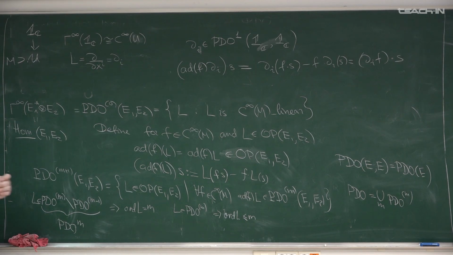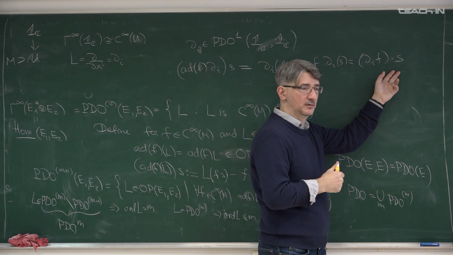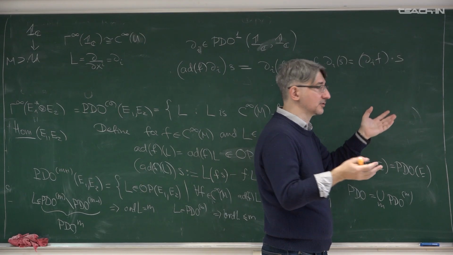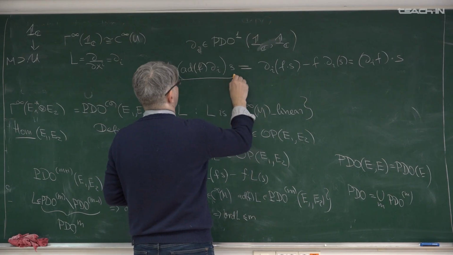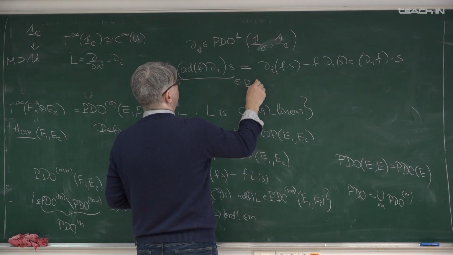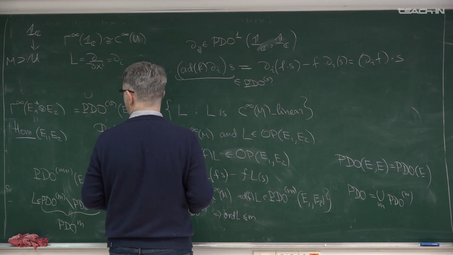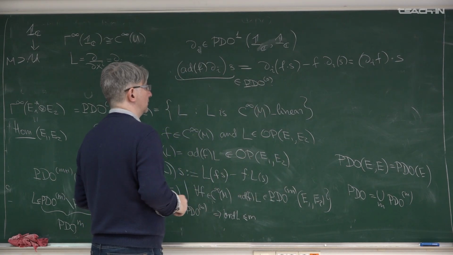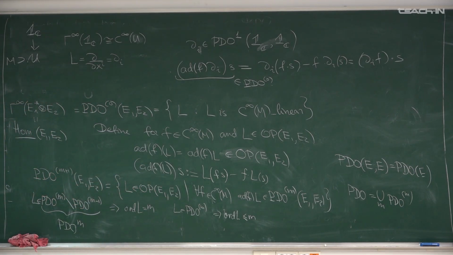So what is written here? We take a section and multiply it by a function. It's a linear operator over functions. So this map belongs to PDO 0; it's a C infinity M linear map.